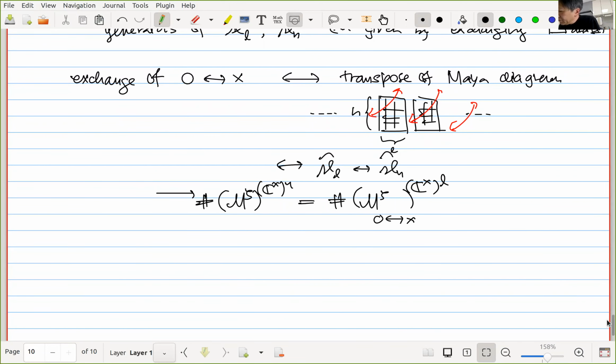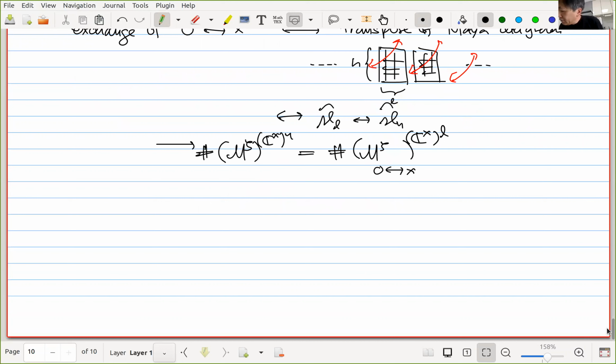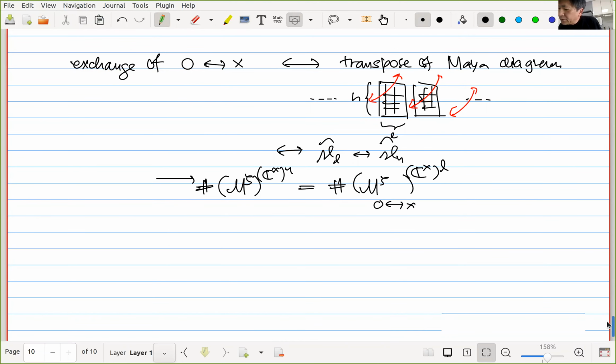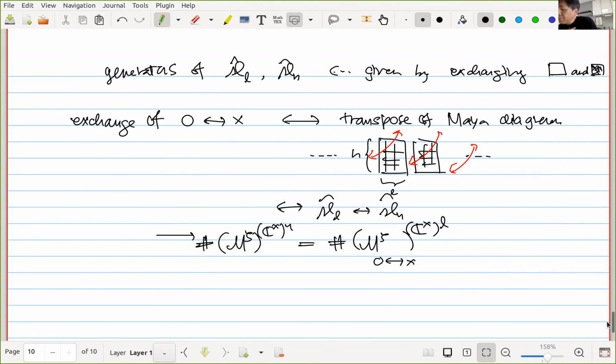So this statement is not obvious at all, but because they are both parameterized by Maya diagrams, and Maya diagrams have a natural bijection given by the transpose of diagrams, you have this equality.